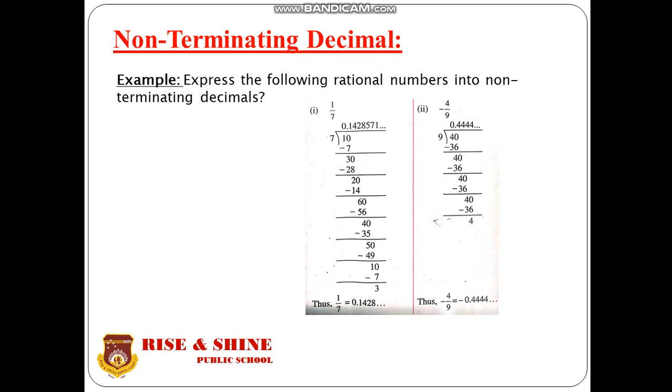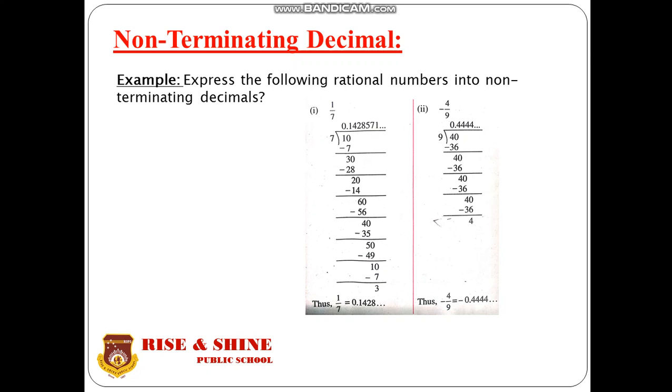Now the second classification of decimal is non-terminating decimal, in which the numbers after the decimal point are infinite. Example, express the following numbers as non-terminating decimals. The first example is we have to convert 1 by 7 into a non-terminating decimal.